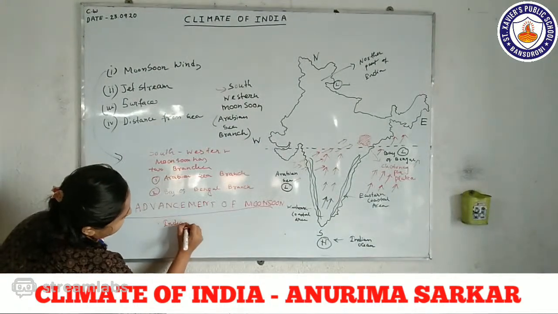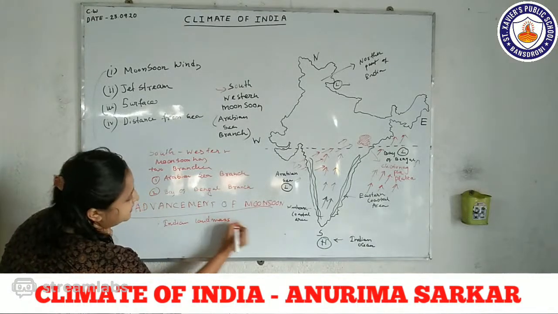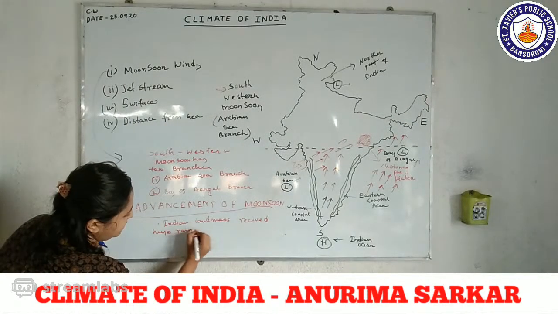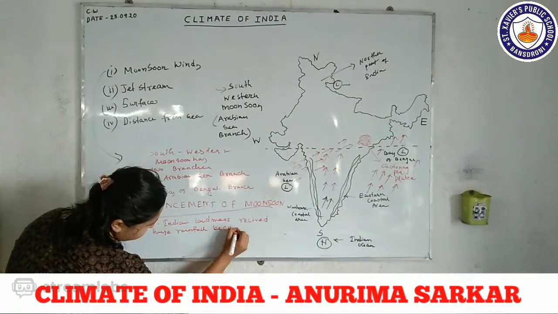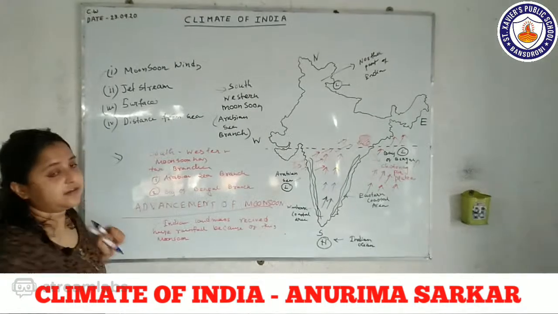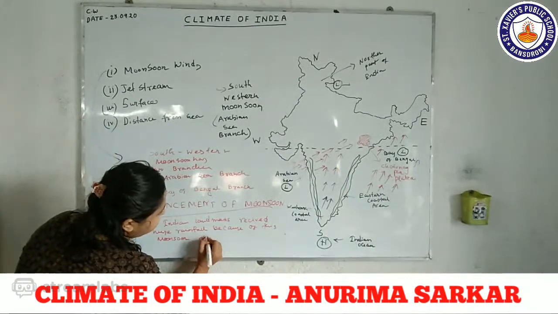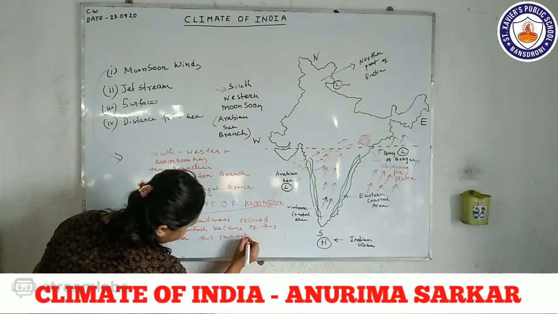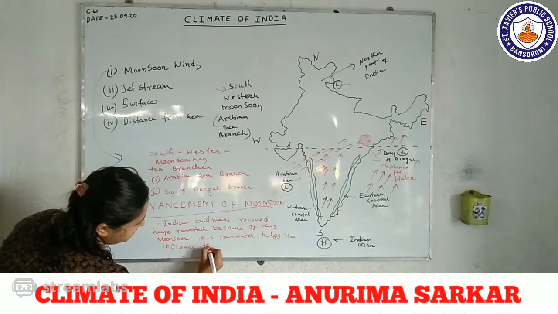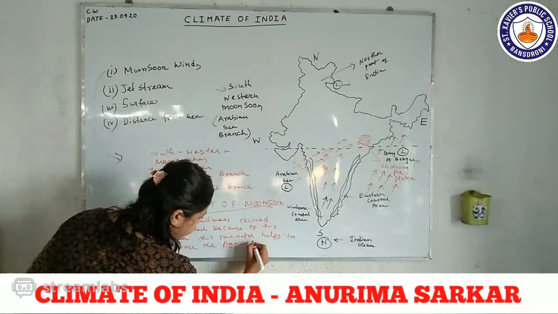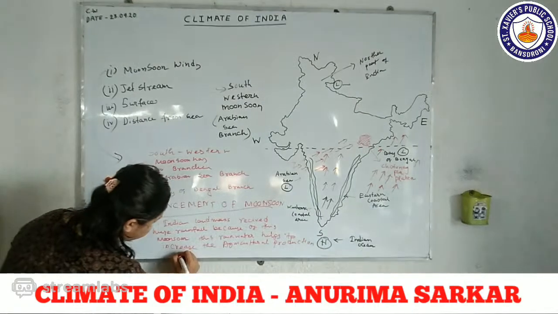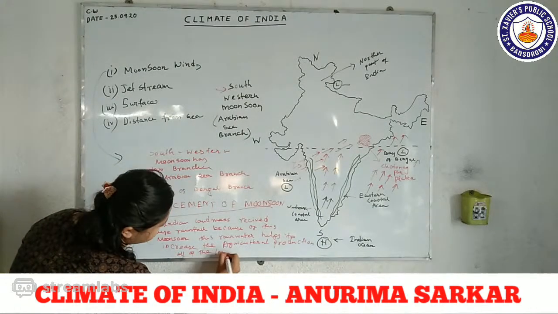The Indian landmass received huge rainfall because of this monsoon, and this rainwater helps to increase agricultural production all over the landmass.